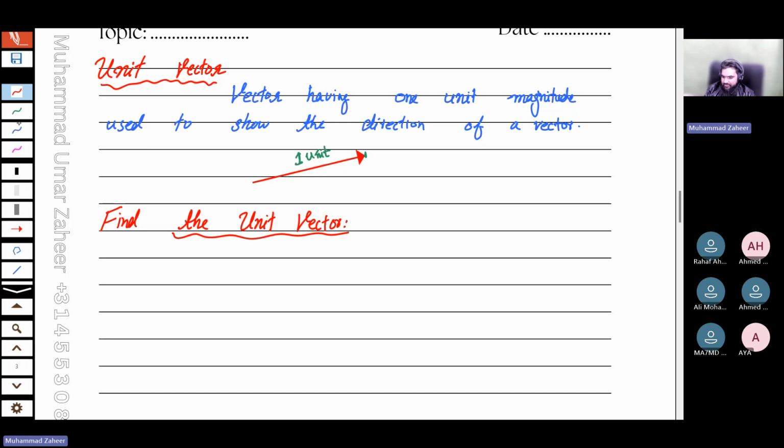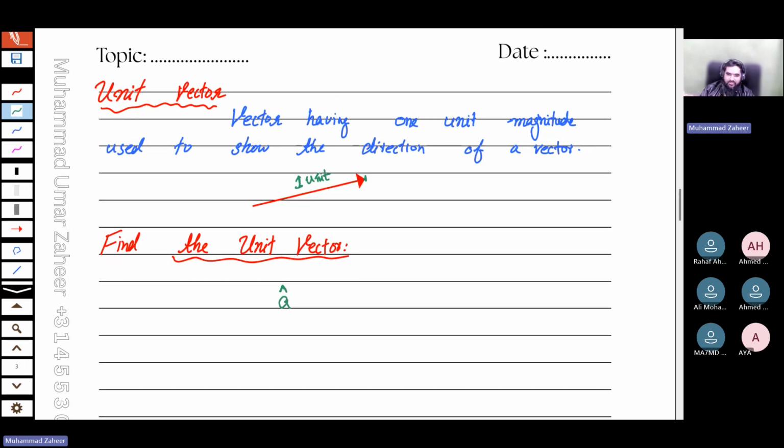The unit vector normally shows by a small cap on it, like this way. When this is the notation, you have to understand that he's talking about the unit vector. Unit vector is also a vector, but what is the difference? The magnitude of the vector is 1. That will be equal to the vector A divided by the magnitude of that vector.